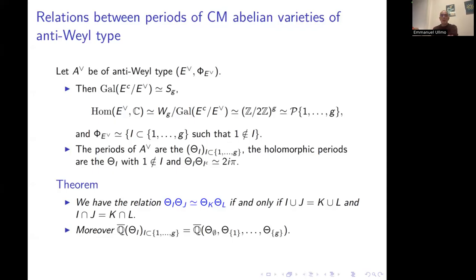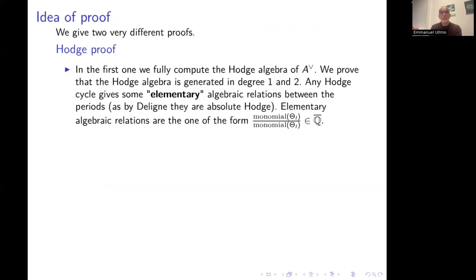And somehow you expect that there is no other relations, because you think that the transcendence degree of this set of periods should be G plus 1. And you have naturally G plus 1 holomorphic periods. So, we gave 2 proofs of this.